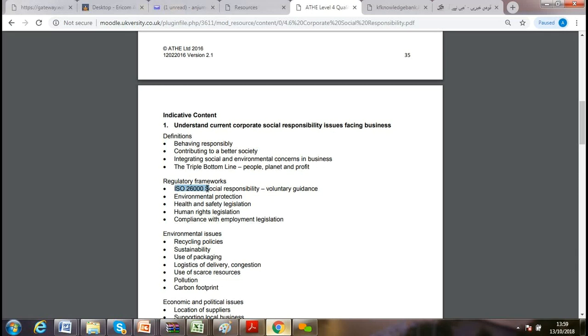ISO is based on three things. Whatever you are saying, the same thing we are doing. If we are saying we are cutting global warming, reducing, recycling, cutting energy, investing in renewable energy, we should do it. Whatever we are saying, the same thing we are doing, and we have documentary evidence for it.